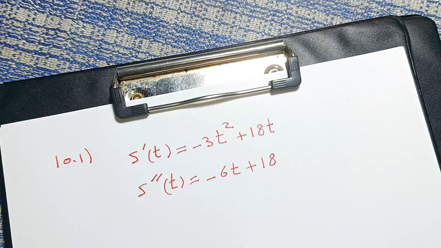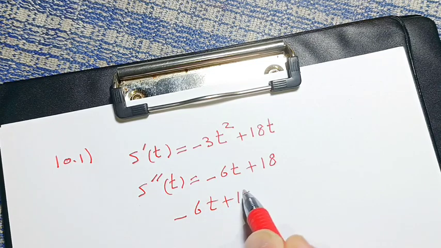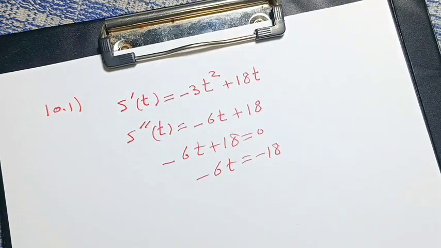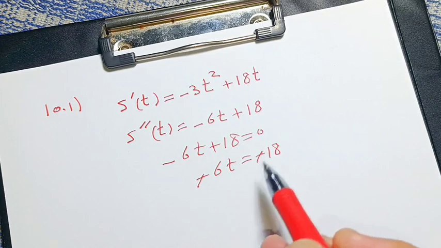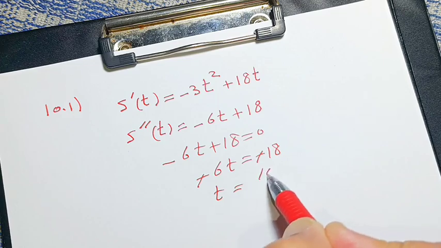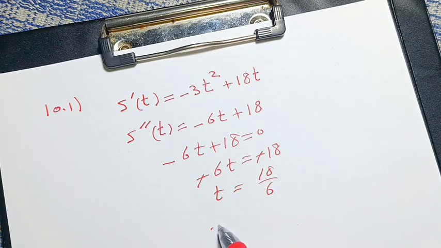Now I need to set it equal to 0: negative 6t plus 18 is equal to 0. Then I can solve for t: negative 6t is equal to negative 18, the negatives cancel on both sides, and t becomes 18 over 6. Therefore t is equal to 3.